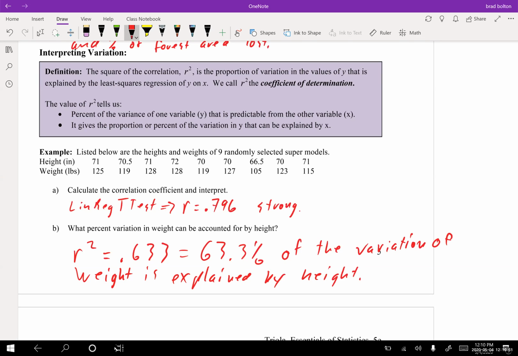So what this is saying is that there is a variation in weights, but 63% of that variation in weight can be explained by the variation in heights, by the different heights. So that's what the R squared means.